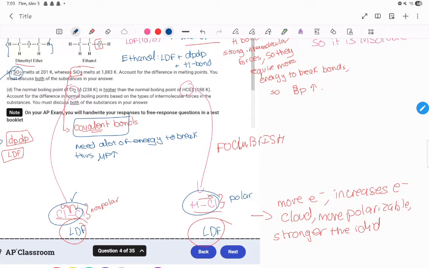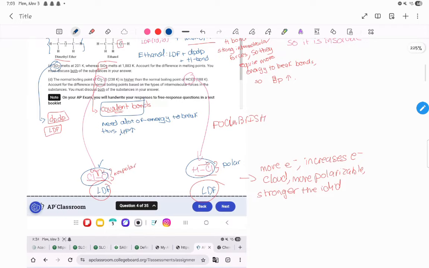So how would you say it in a paragraph? You will say that Cl2 has London dispersion forces, and HCl is a polar molecule, so it has dipole and London dispersion forces. London dispersion forces depend on the number of electrons, so the more electrons we have, it will increase the electron cloud, and the greater the electron cloud, the more polarizable it is.